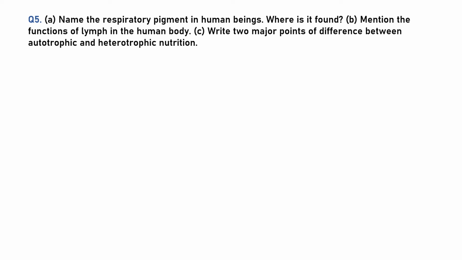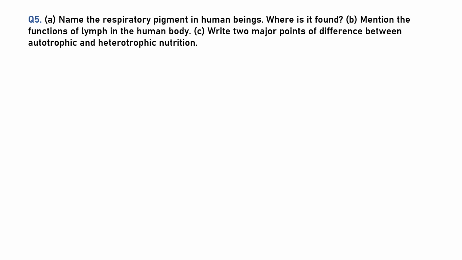The tissue fluids present in the gaps between the tissues get collected and form lymph, right? And then lymph is very important for the absorption of fat in villi. So these are the 3 major functions of lymph.